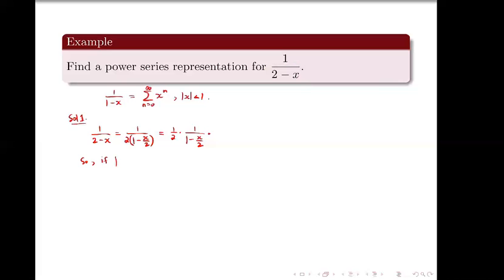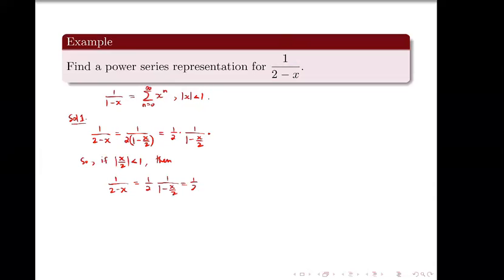So if the absolute value of x over 2 is less than 1, so 1 minus something here, the something is x over 2. Then we'll have 1 over 2 minus x, this is 1 half times 1 over 1 minus x over 2.